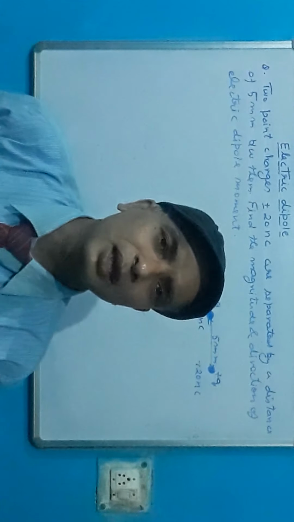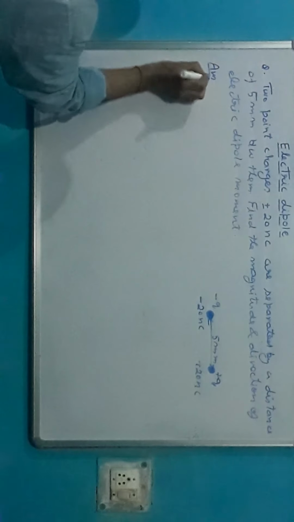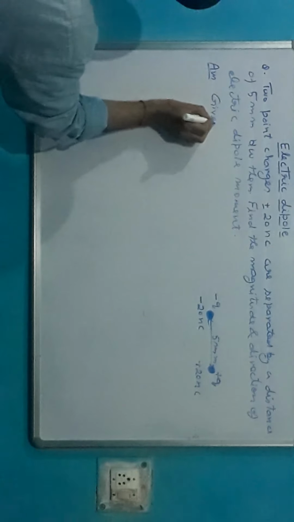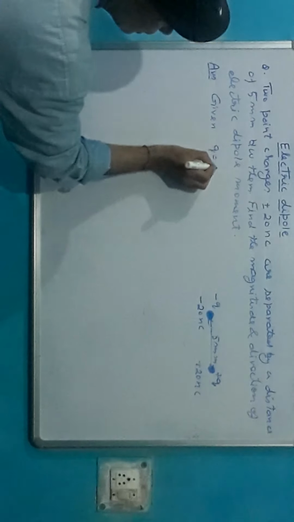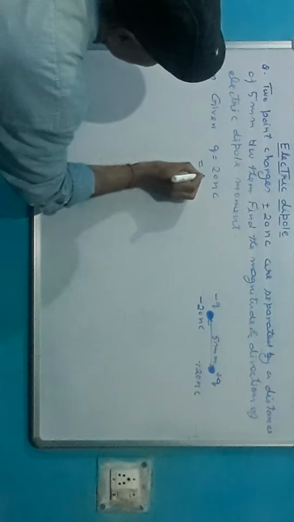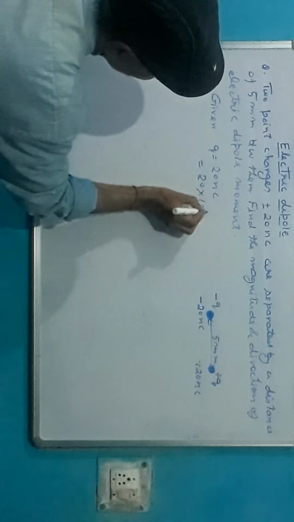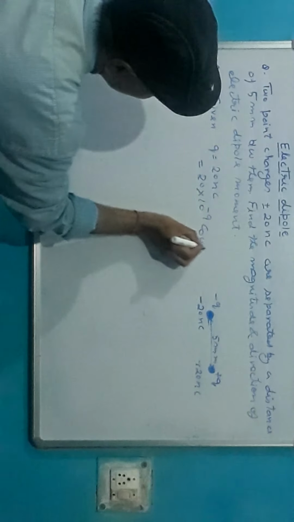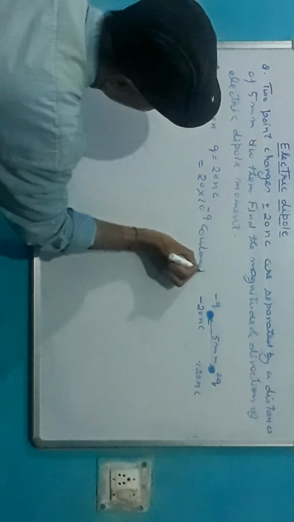Let's see how we can calculate it. Given, Q is equal to 20 nC, and you know that 1 nanocoulomb is equal to 10 to the power minus 9 coulomb. So that's the magnitude of either charge.